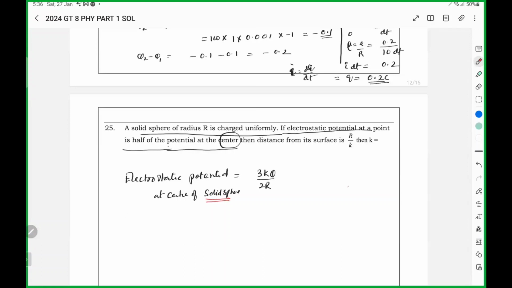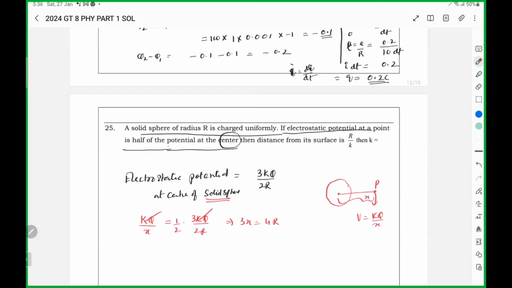So here from center at a distance x, at this point, potential is kq by x. Now what is given is electrostatic potential at any point is half the potential at the center. So here 3x is 4r.